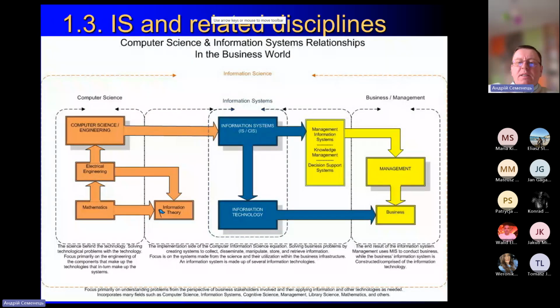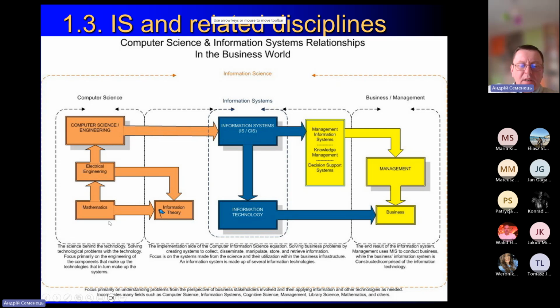Here is how we can depict the relationship between information systems, information science, computer science, and some business management application, a practical solution we want to automate. Computer science gives us the necessary hardware and software solutions, the computer system, and of course the necessary mathematical background.